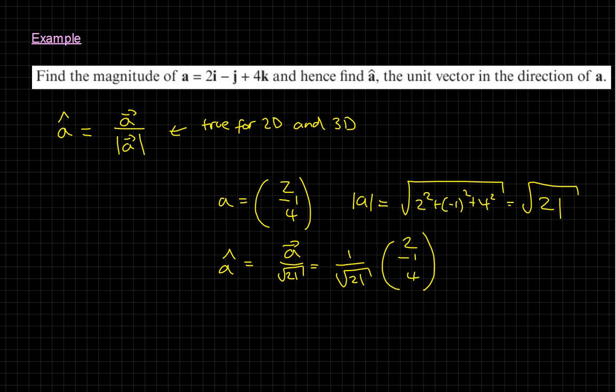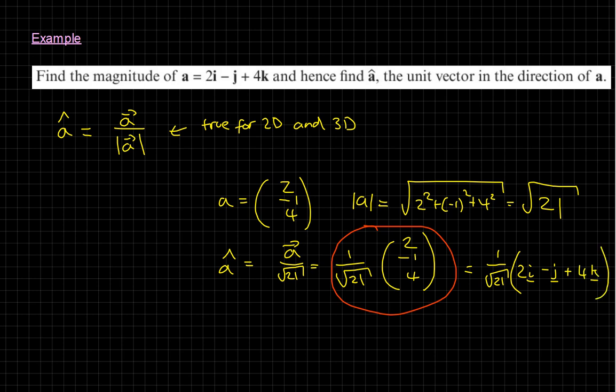You could also potentially, remember, write this in one alternate form, which is 1 over root 21 times 2i minus j plus 4k. You might sometimes be asked to write it in that form, but this form is also fine. It hasn't specified. So these are two equally valid forms for the unit vector A.